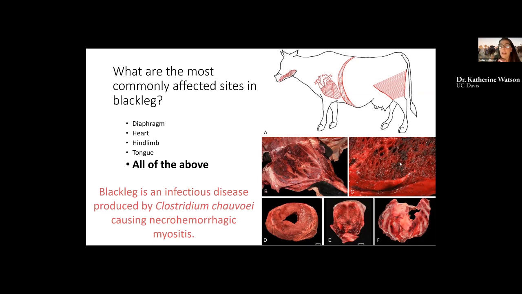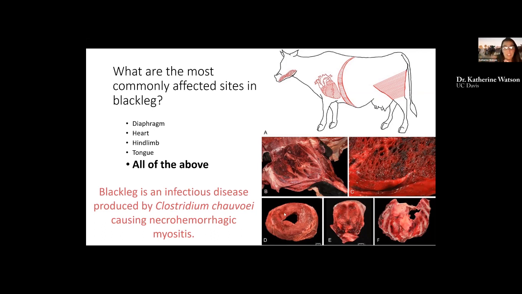A lot of times, if you look over here at picture C, it'll look like, remember that lung? It was what we call emphysematous. It looked like bubble wrap. So the muscle can look like that too, because part of what the bacteria does is produce a lot of gas in this anaerobic or low oxygen environment.